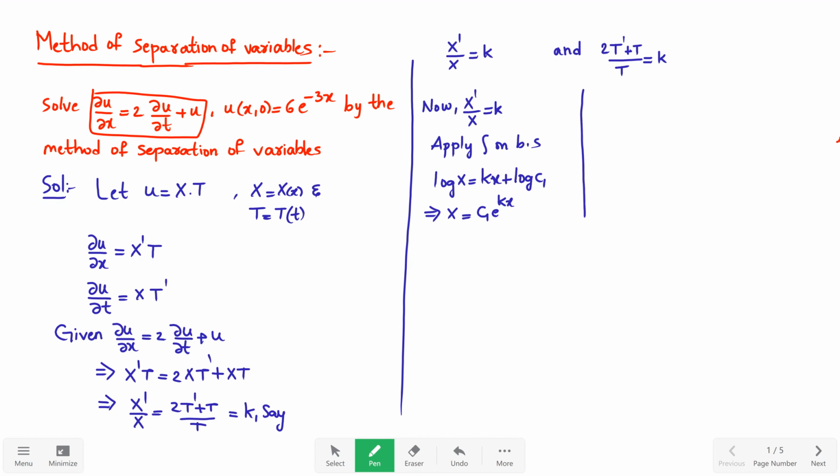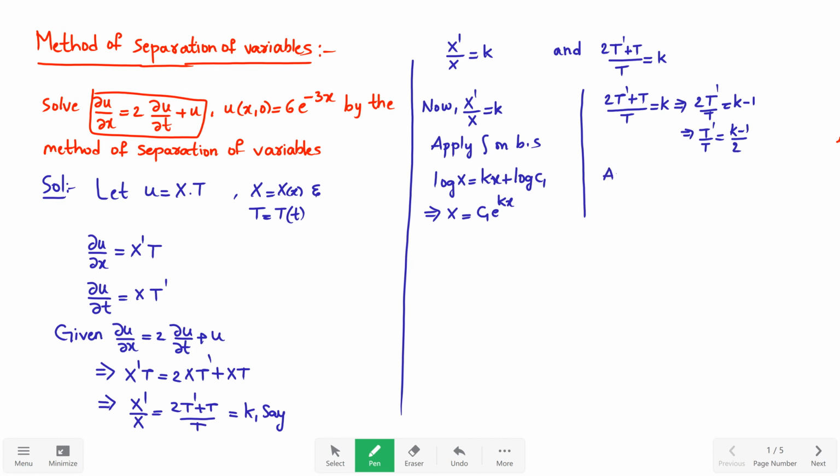Similarly, we consider the other ordinary differential equation, that is (2T' + T)/T = k. We can also write it as 2T'/T = k - 1. We can also write it as T'/T = (k - 1)/2.